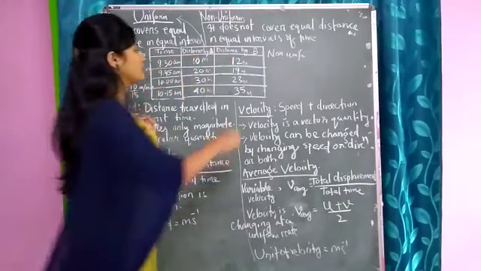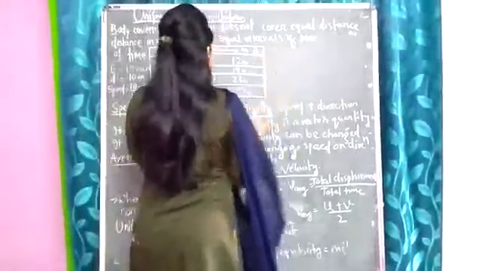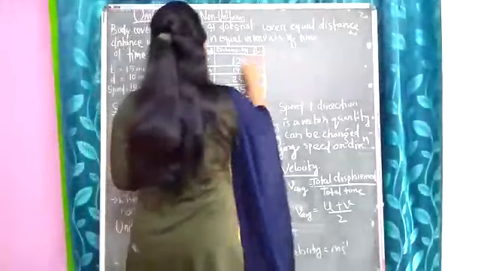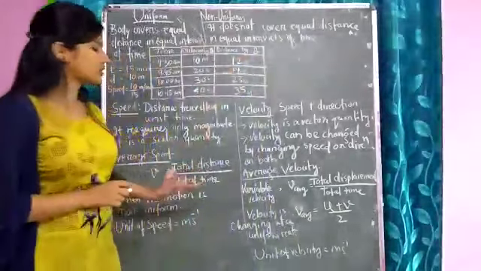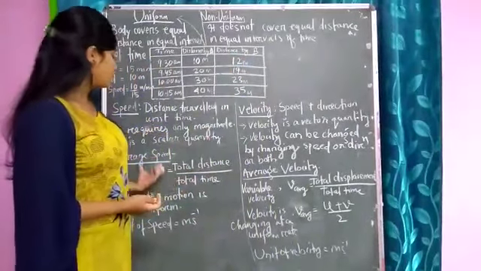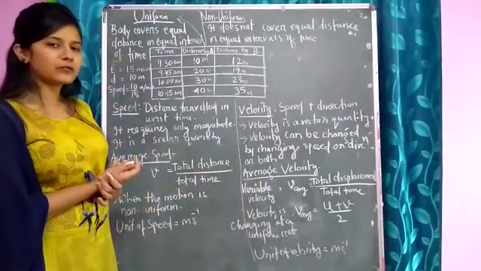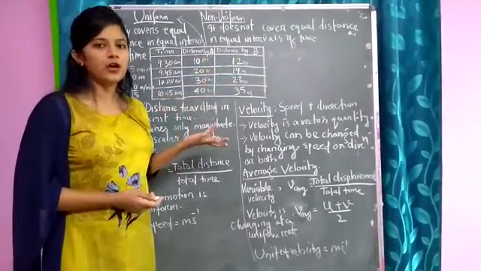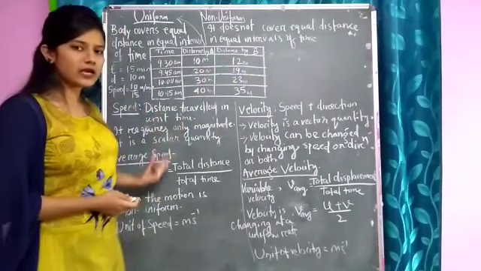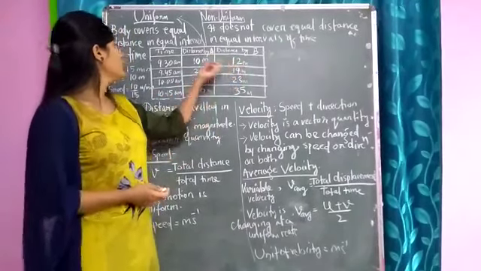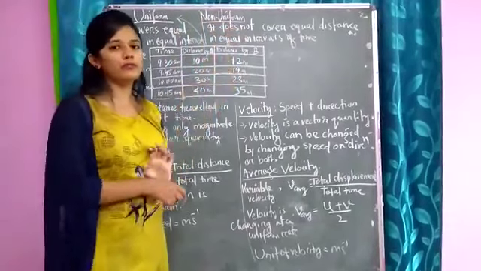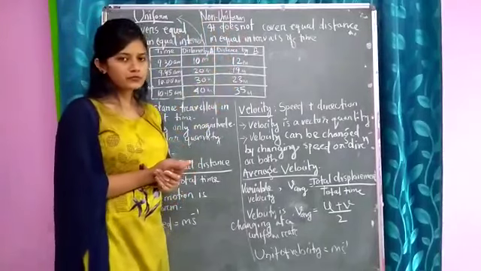So for the non-uniform case, we will get the average speed from the total distance by total time. That means for each interval the value may be different, but we are assigning a particular value for a particular time interval for the non-uniform motion case.